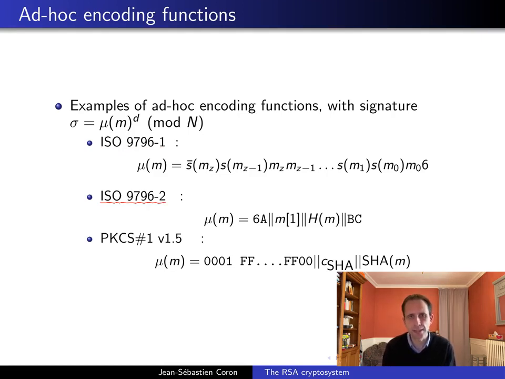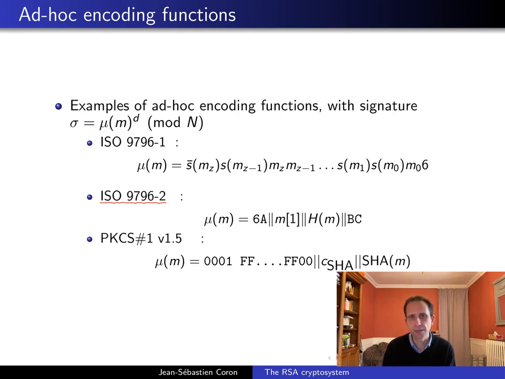This is also the case in the ISO 9796-2 standard, where mu of m has the same size as the modulus. And so it starts with a constant, 6a, then some part of the message can be embedded inside mu of m. Then there is the hash of the full message m, and then some constants.